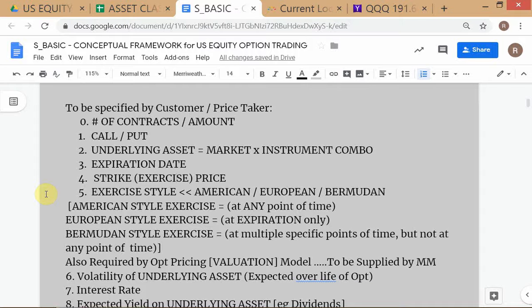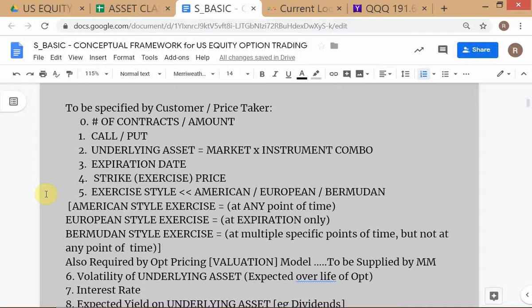You might have a Bermudan option for 1 year where you can exercise on the last day of every month, but not anywhere in between.